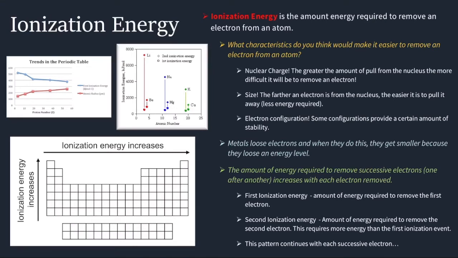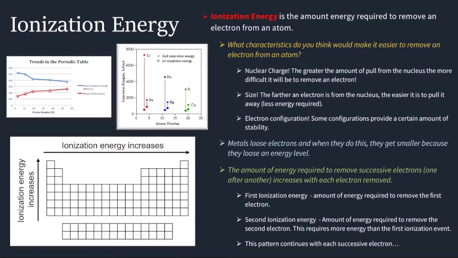When we talked about the exceptions in electron configurations, those exceptions actually make those configurations a bit more stable. So it's just a bit harder to remove electrons when they're half full, like half full d orbitals. We're not going to talk a whole lot about that, but it is a factor.